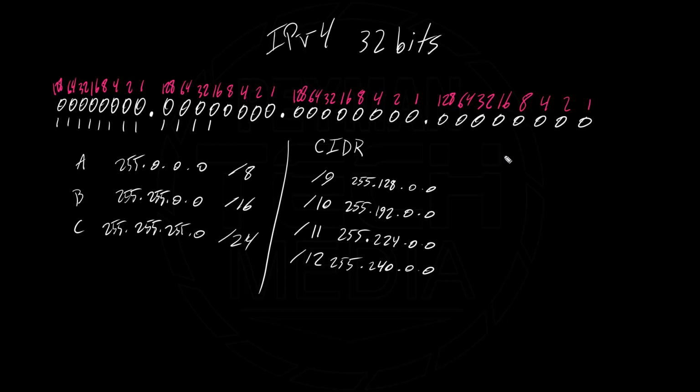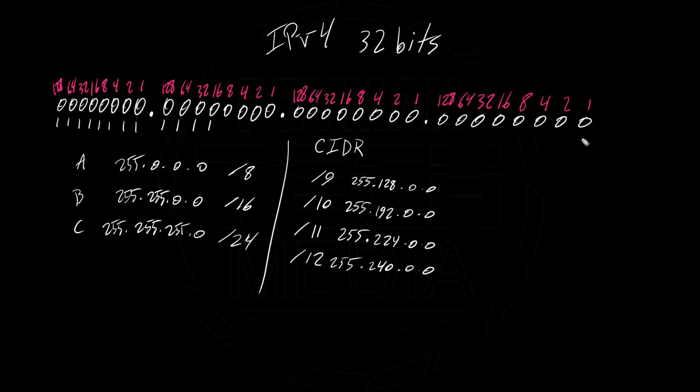Anytime we are borrowing 1 bit, we are getting this bit from the host section. If it was class A, by default we have 8 bits that are the network, and these zeros are the host bits. So we are borrowing from the host bits. If we add one more, we are just borrowing one more bit from all these zeros.